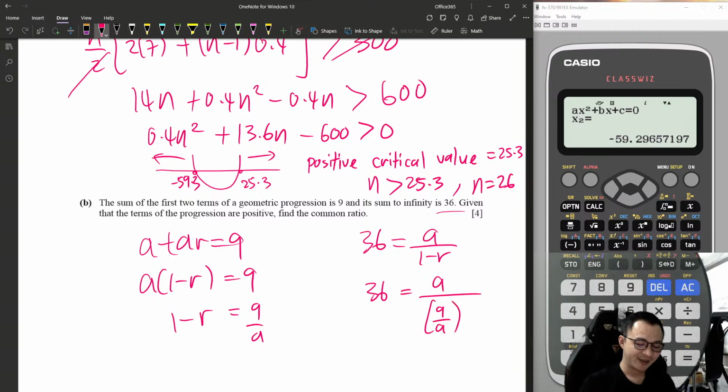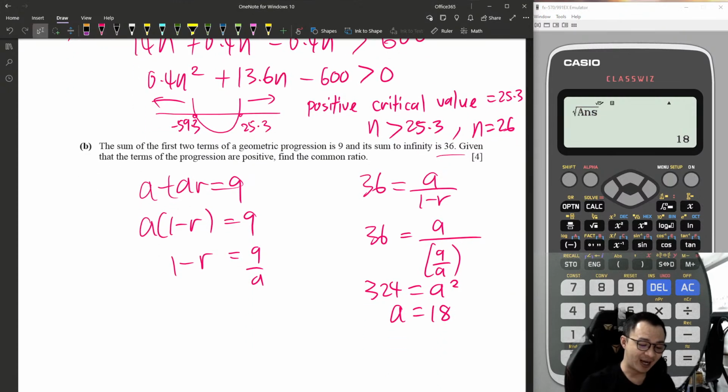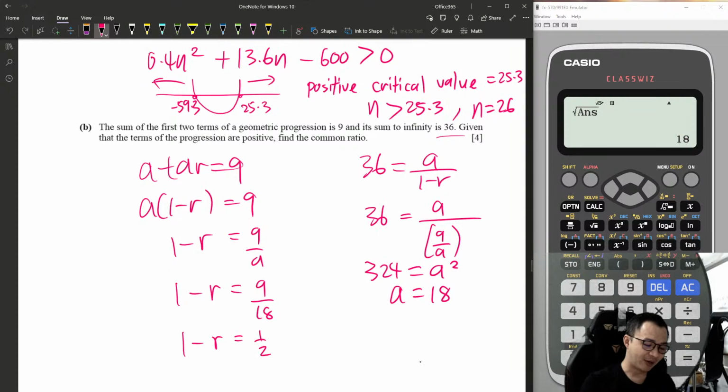Multiply: 36 times 9 is 324, equals a squared. Then square root the answer, a equals 18. Then I want to find r. 1 minus r equals 9 over 18, which is 1 over 2. So r is 1 over 2.